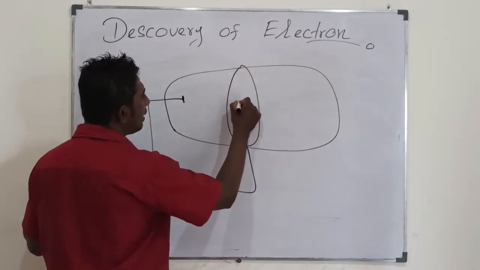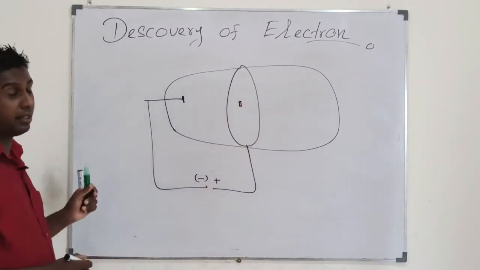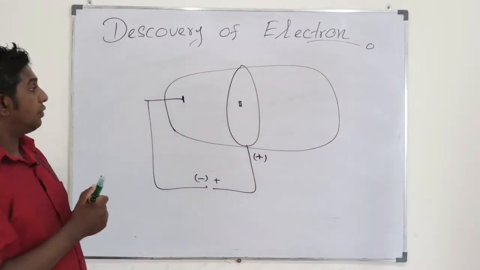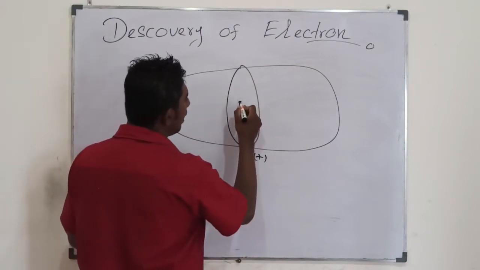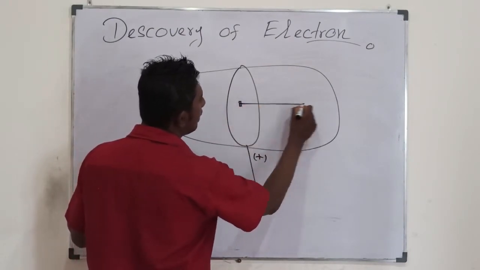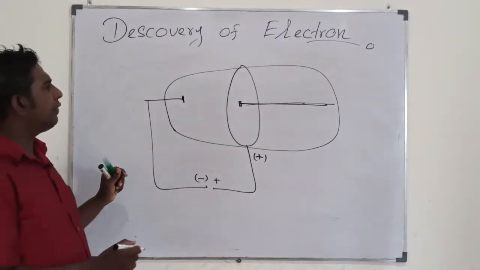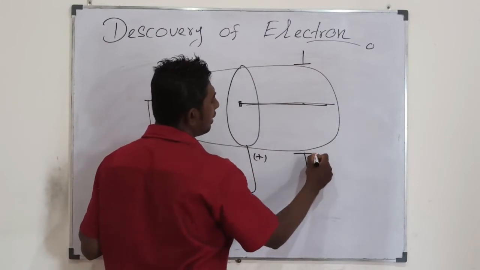There was a slit hole at the very middle of the metal sheet, the anode. So those cathode rays which came straight to the slit traveled in a direction like this. Then students, an external electric field was inserted.